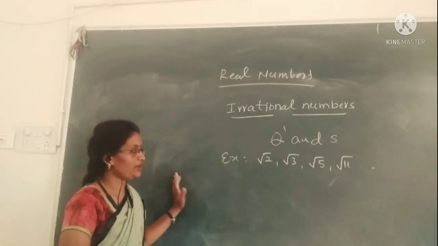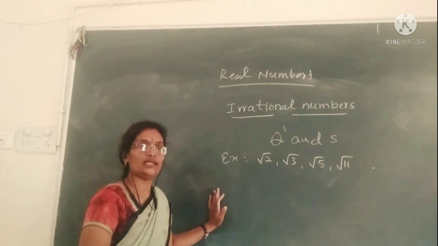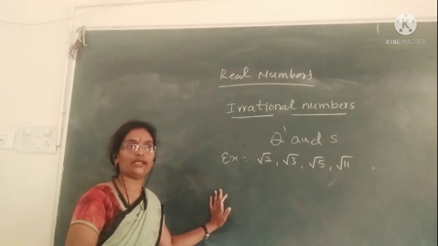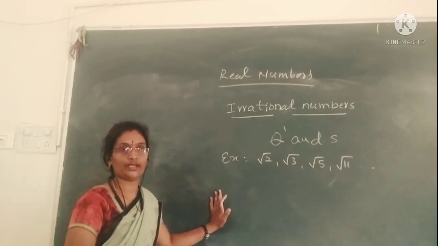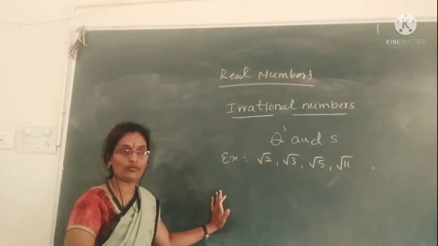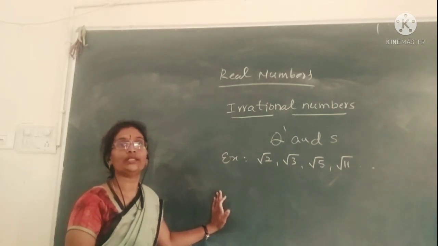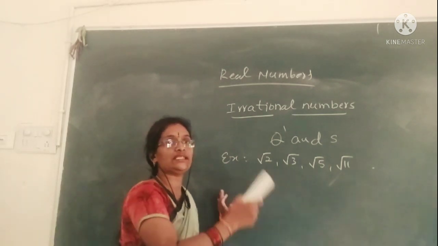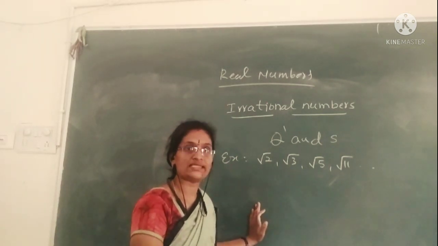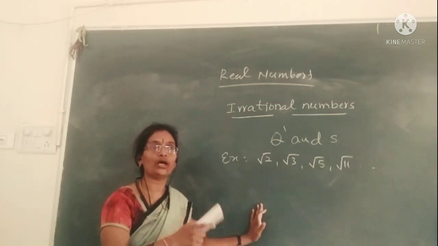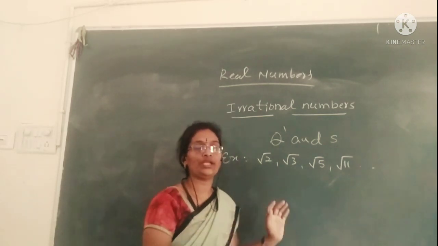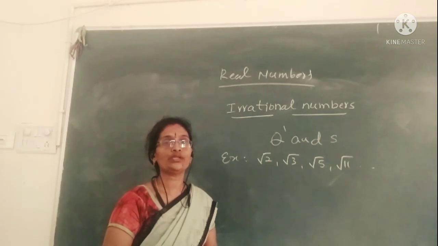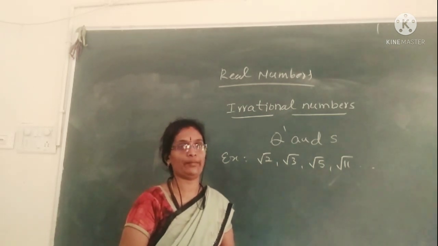In the previous class, in 9th class, we saw how to locate irrational numbers on the number line. However, we did not prove that a number is irrational. In the present section, we will prove that root 2, root 3, root 5, root 7 are irrational numbers.